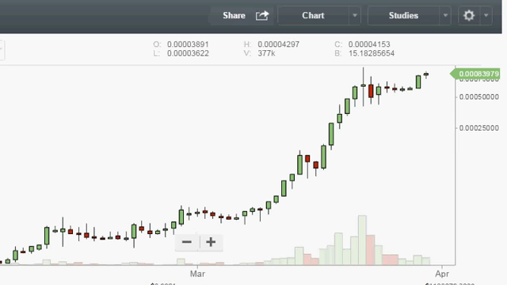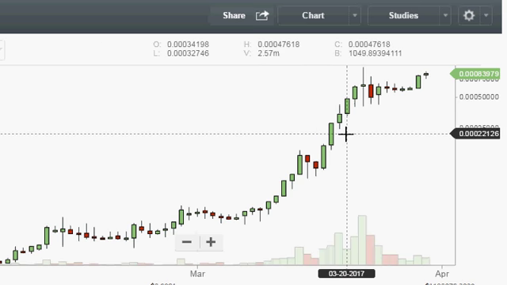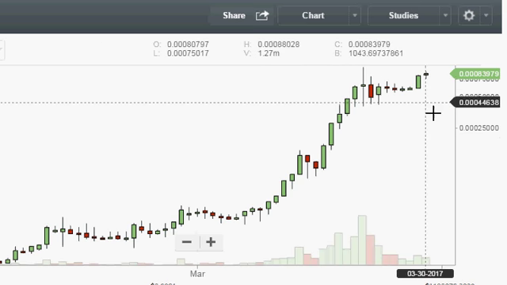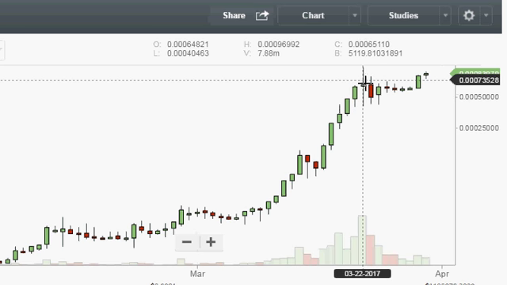Let's take a look at PIVX and try to determine an upside target. Looking at this daily chart, this is a spectacular looking chart as I see it. Why?